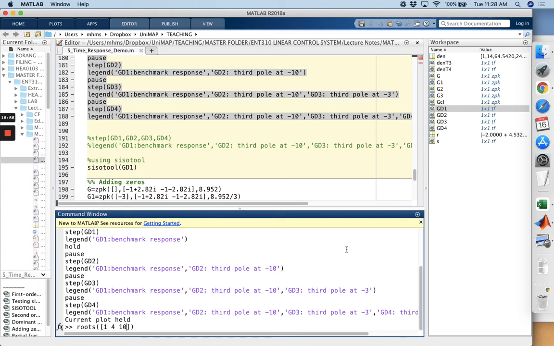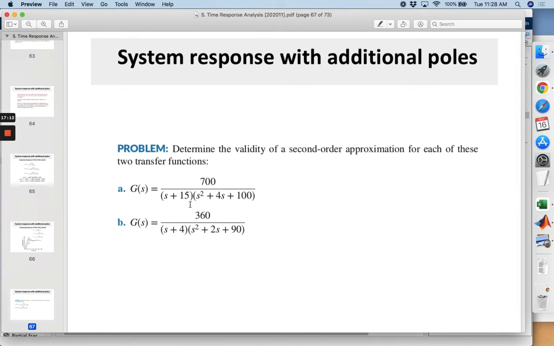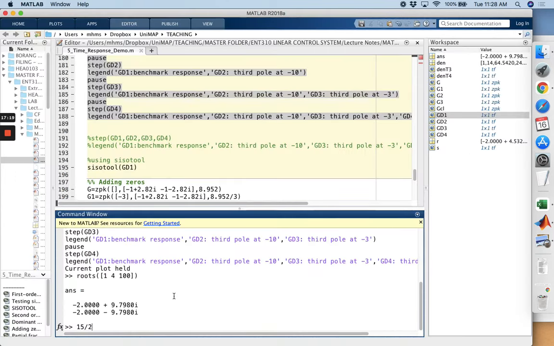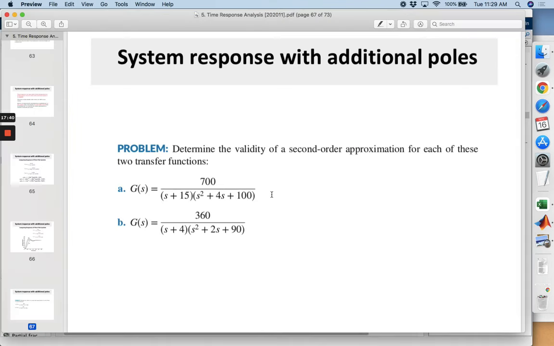The dominant poles are located at negative 2 plus minus 9.798i. So what is the ratio of the third order pole to the dominant poles? It's actually 15 divided by 2, so the ratio is about 7.5. We can use the second order approximation because the ratio is 7.5, which is more than 5.